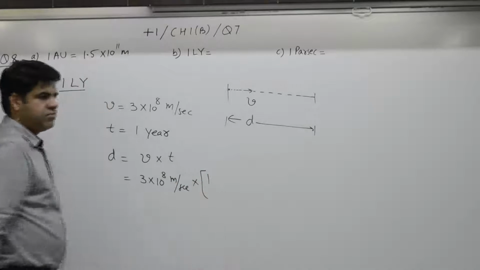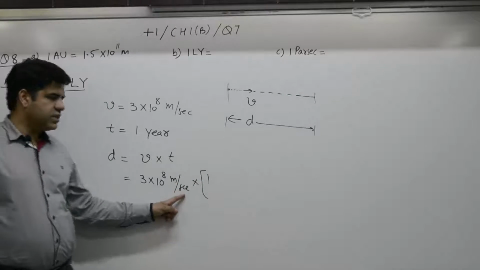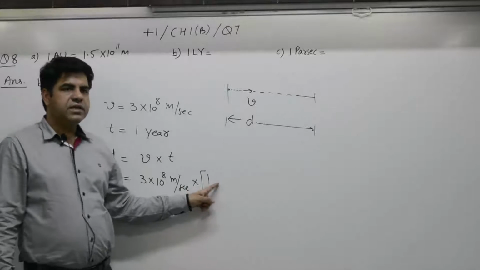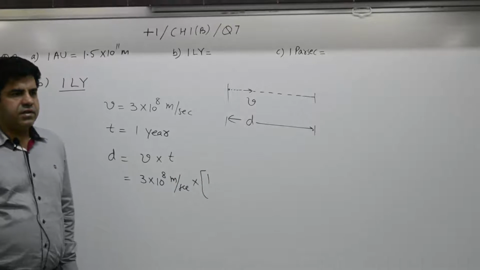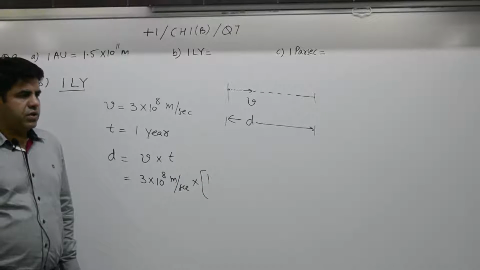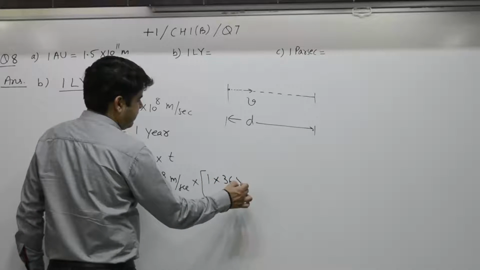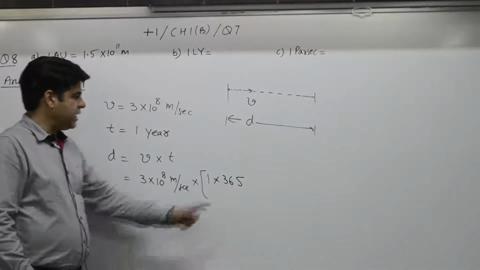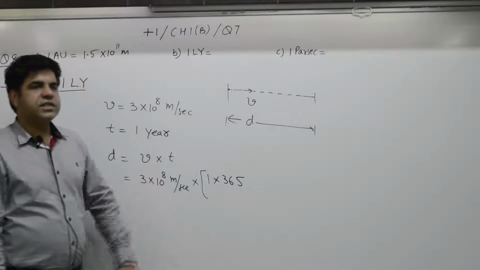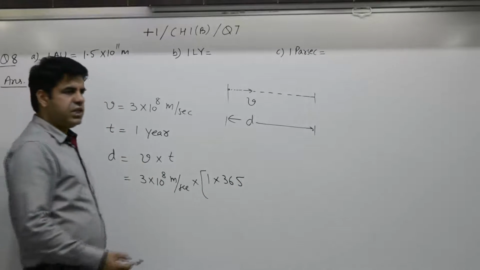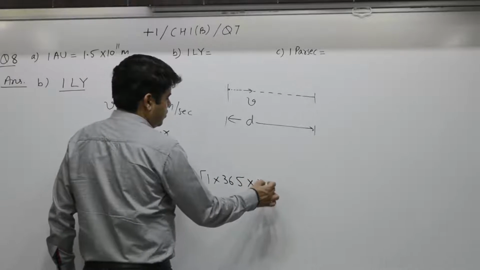If I write 1 year, then it is in seconds. Then we are writing year below. First you will write 365 days. Again you are writing here days and it is in seconds. Change it to hours, 24 hours.